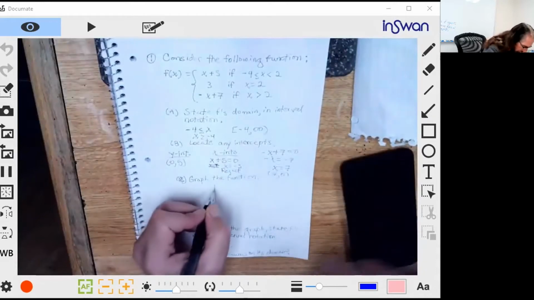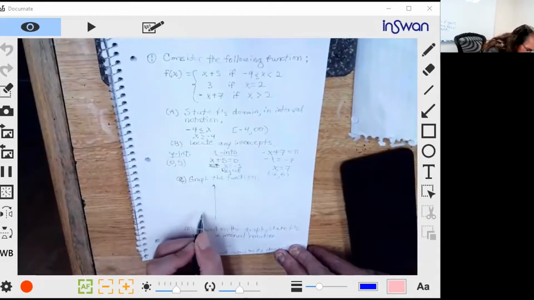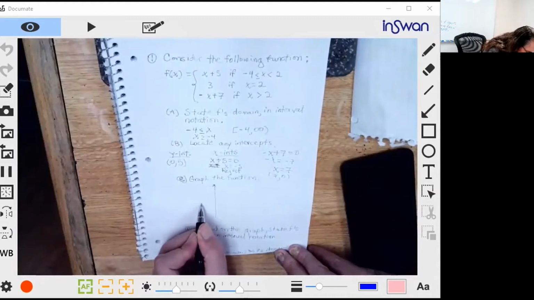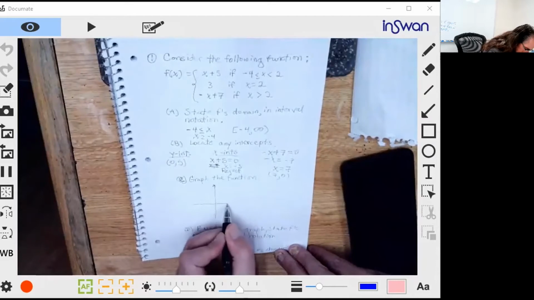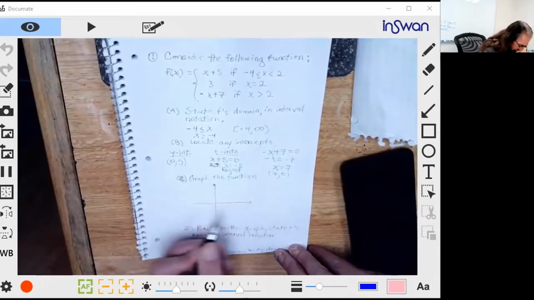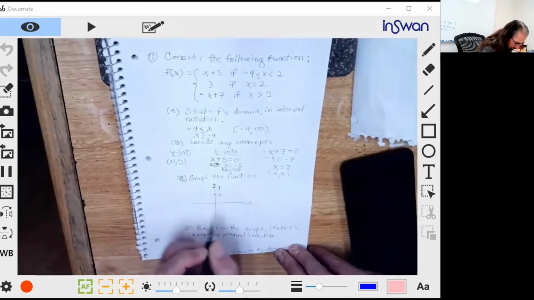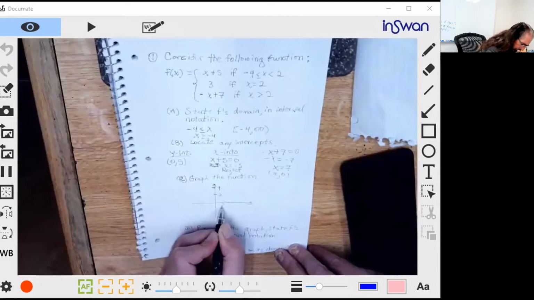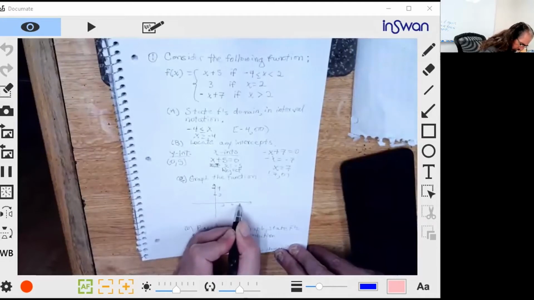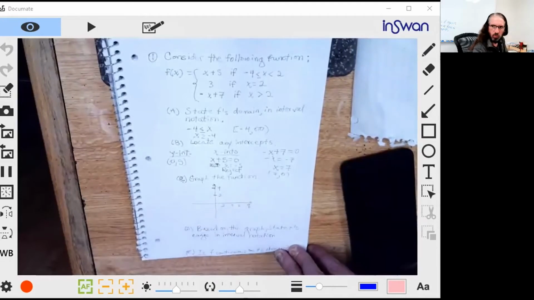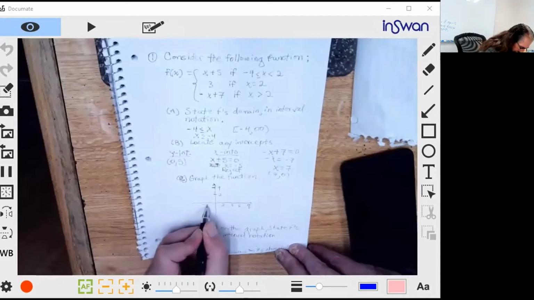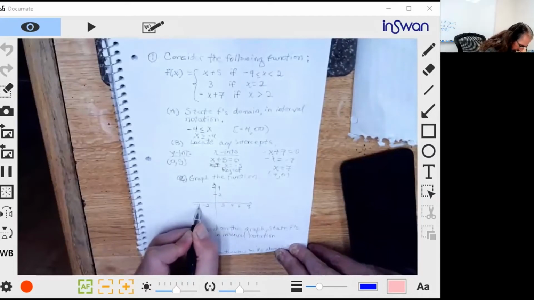I'm going to go just a little bit beyond that. These are going by ones, just so I don't fill up the space too quickly. I'm labeling by 2s, leaving some of these unlabeled.